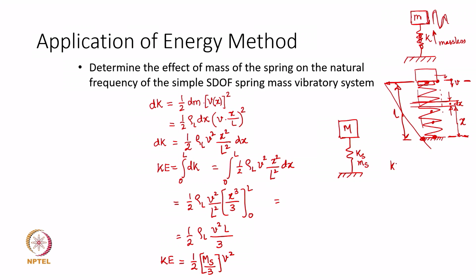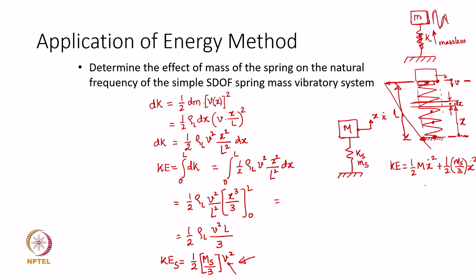Then it is quite clear that the total kinetic energy of the system, considering the kinetic energy of the mass plus that of the spring, is going to be half m, let us say x dot square, if this is x and x dot, plus the kinetic energy of the spring, if I call this KE_s, is half m_s over 3 x dot square, because x dot we considered as v.